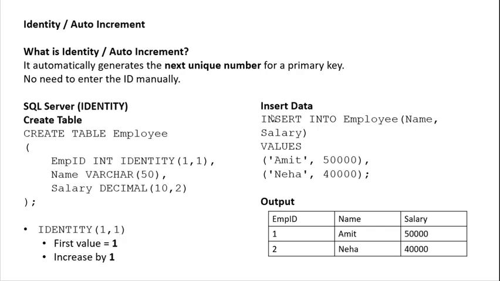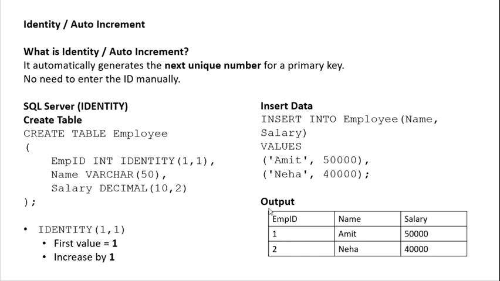To insert the data, write INSERT INTO the table name, and inside the brackets name, salary, two columns, since employee ID is automatically generated, and VALUES, inside the brackets the name is Amit, and the salary is 50,000, close the brackets, comma, and another value, inside the brackets the name is Neha, and the salary is 40,000, close the brackets and the semicolon.